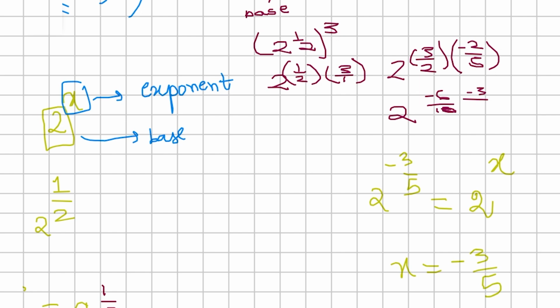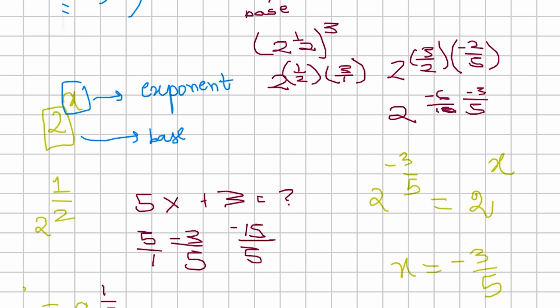Let me write it down. 5x plus 3 equals 5 over 1 times negative 3 over 5, which is negative 15 over 5, plus 3.